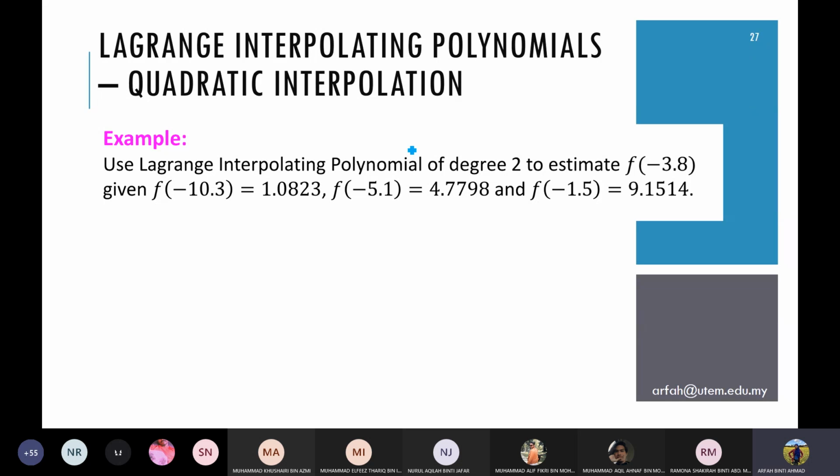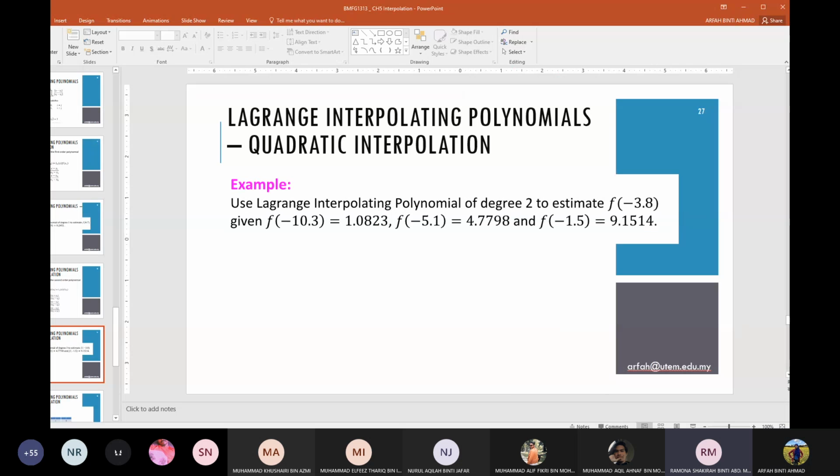Faham semua kelas so far? Faham tak? Faham. Senyap je. Bahaya betul belajar online. Semua tak ada webcam. Tapi webcam banyak guna data pula.